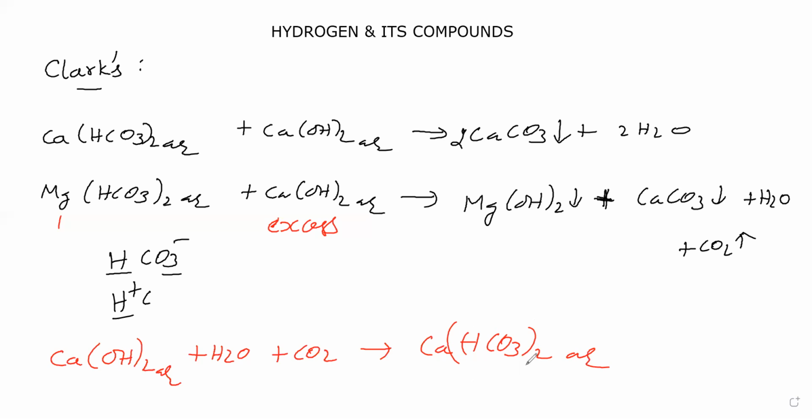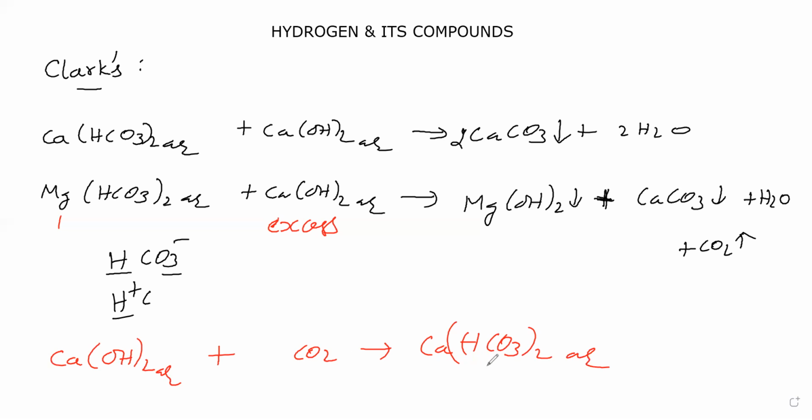Therefore, if we take milk of lime in excess, that excess milk of lime present in the soft water takes atmospheric carbon dioxide and becomes calcium bicarbonate. Milk of lime is a base, carbon dioxide is an acidic oxide. Now you are getting temporary hardness again.